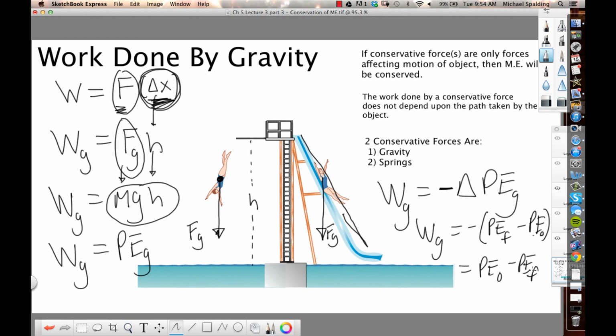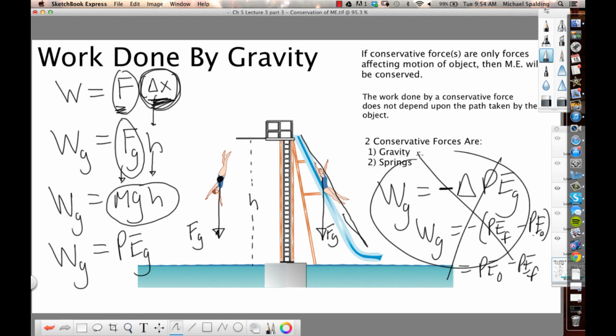Are you already confused? Look, don't do what the book says. Because the whole thing with this negative business is you need to be able to figure out whether the work done by gravity is plus or minus. That's what the textbook is trying to do right here.